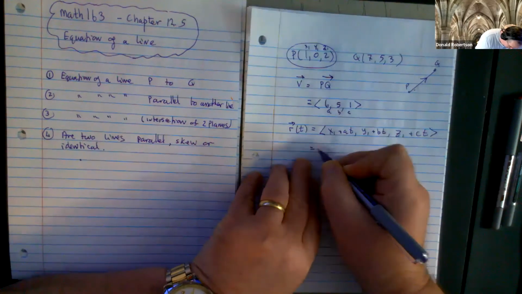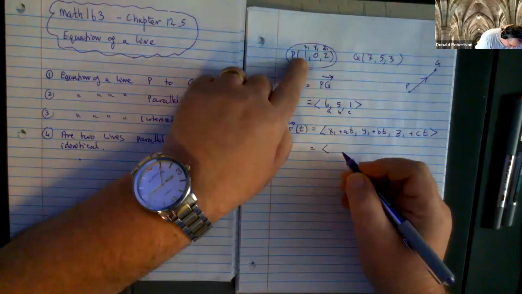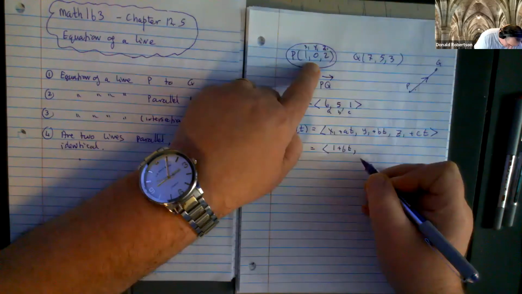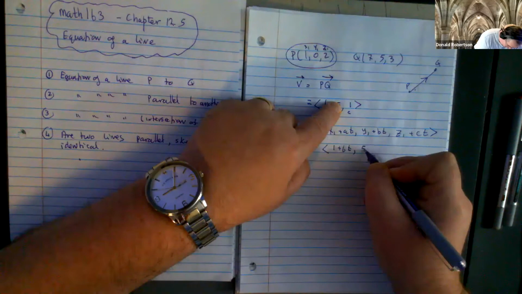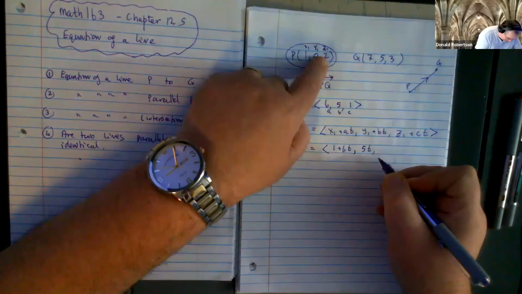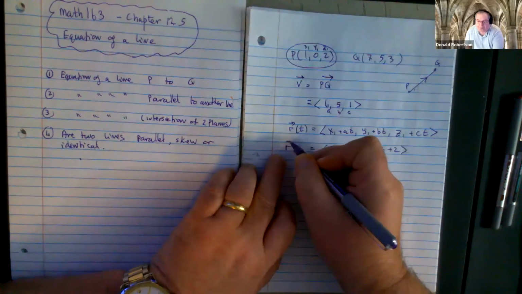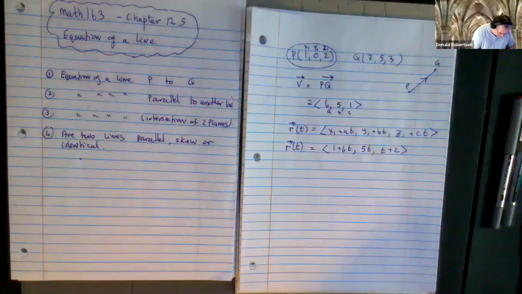And we have 1 plus 6T. We have nothing plus 5T. And we have 2 plus 1T. And that's the equation.